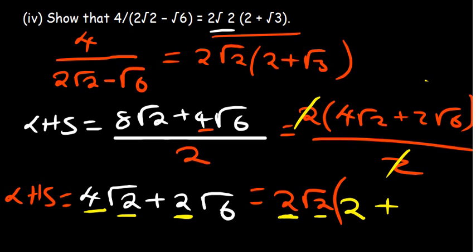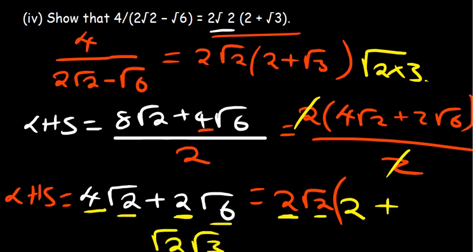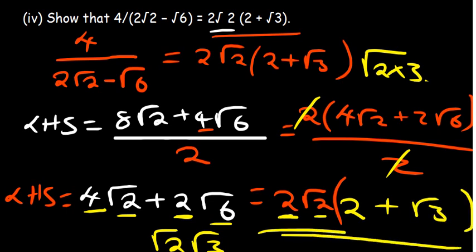Then you factorize the root of 2 out of root of 6. This root of 6 is basically the same as root of 2 times 3, which is root of 2 root of 3. So you remove root of 2, you are going to remain with root of 3. And this is matching up with what you have on your right hand side. So you can even make a statement to say else shown.